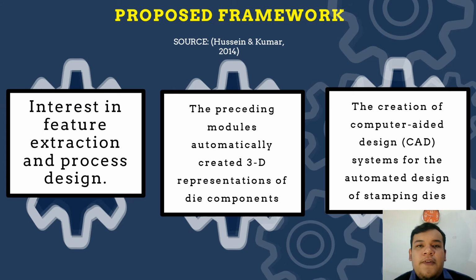The proposed framework of making stamping die by Hussein and Kumar stated that they were interested in feature extraction and process design. Next, the prior modules generated 3D models of die components on their own. Lastly, the development of computer-aided design tools for mechanical stamping die manufacture.